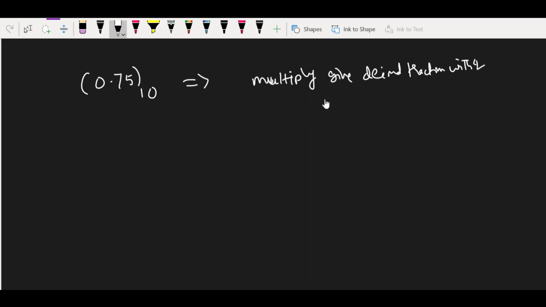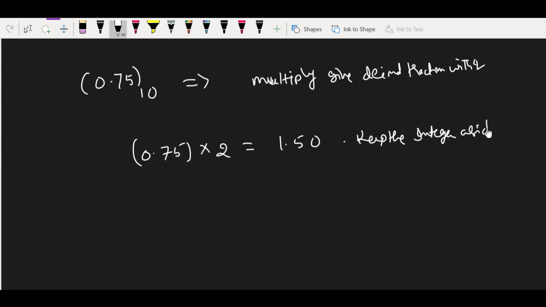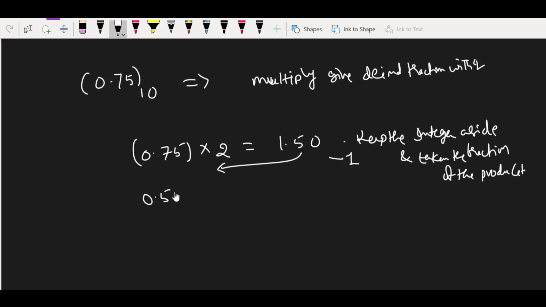So first take 0.75, multiply with 2, you are going to get 1.50. In this, keep the integer aside and take the fraction of the new product. That means you keep 1 aside and take this 0.50 here again, and again multiply with 2, you are going to get 1.00.